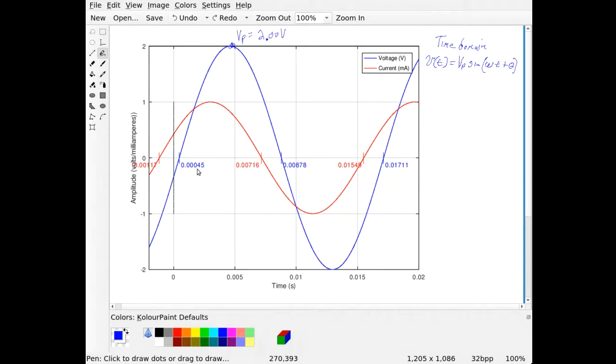What we need to do here is find first the frequency, but we don't measure from 0 because the sine wave isn't crossing at 0. So we have to measure first the period. How long does it take to do one complete cycle? You see this is one complete cycle of the voltage waveform.